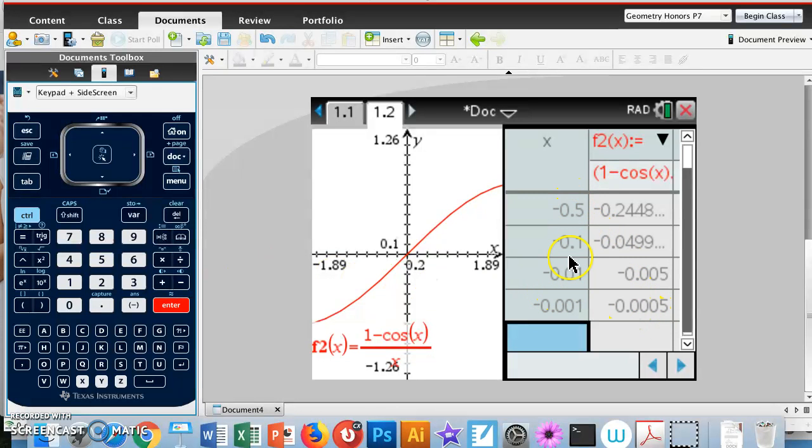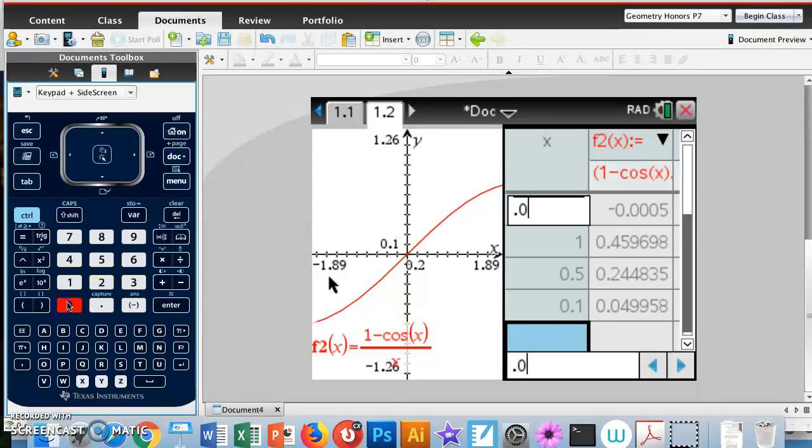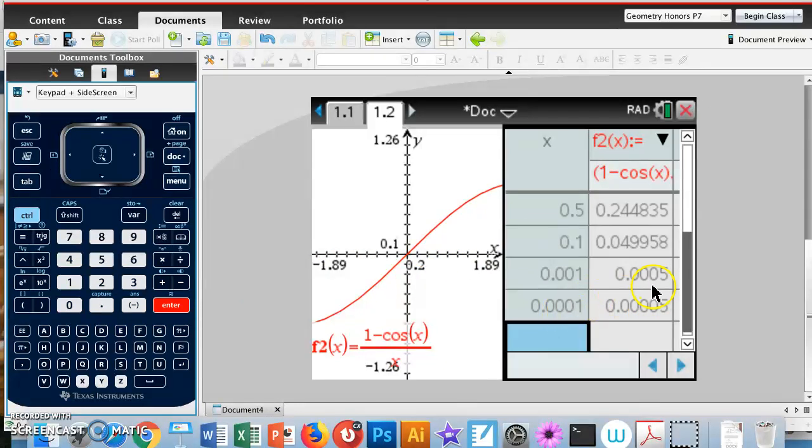Okay, so as I get close from the left side, it's 0, and then you can do the same thing on the right side, enter the values on the other side. So 1, and then 0.5, 0.1, 0.001, and 0.0001. Okay, again, getting close to 0 on this side.